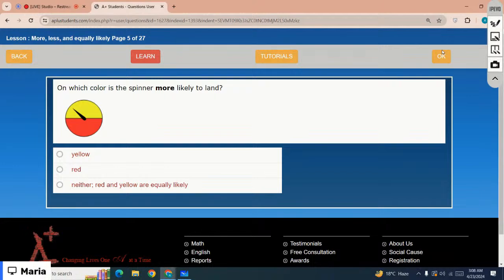Which is the correct option? The correct option is neither, because red and yellow are both equally likely, right? So the correct option is neither.